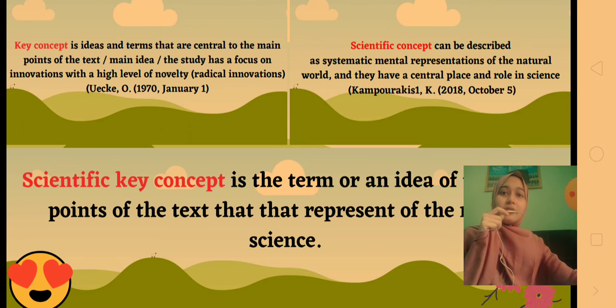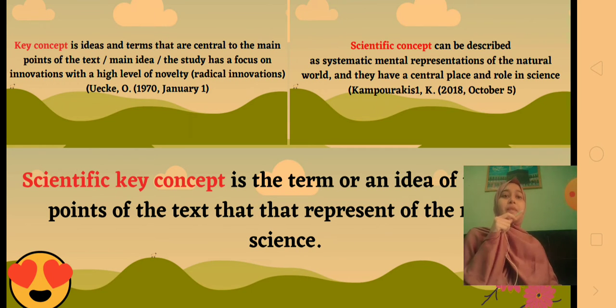The first one, key concept, is an idea and term that are central to the main point of the text or main idea, or the study has a focus on innovation with a high level of novelty. For the second one, scientific concept can be described as a systematic mental representation of the natural world, and they have a central place and role in science.